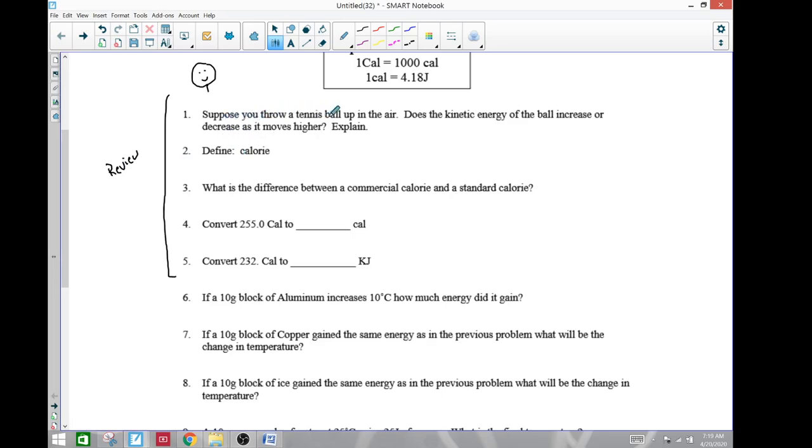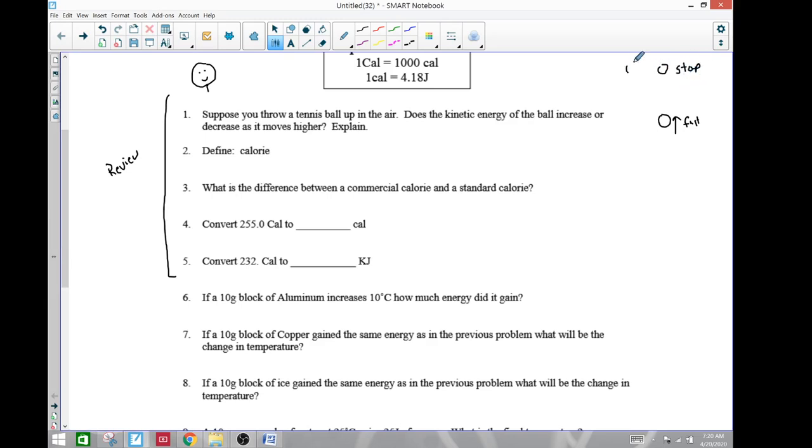Suppose you throw a tennis ball up in the air. Does the kinetic energy of the ball increase, decrease, or remain the same? Well, okay, so we have a ball. It's thrown up fast. It's very fast at the bottom, and at the top, it's very slow, or it's going to stop eventually.